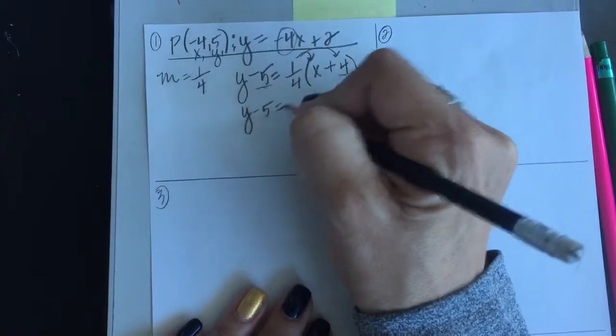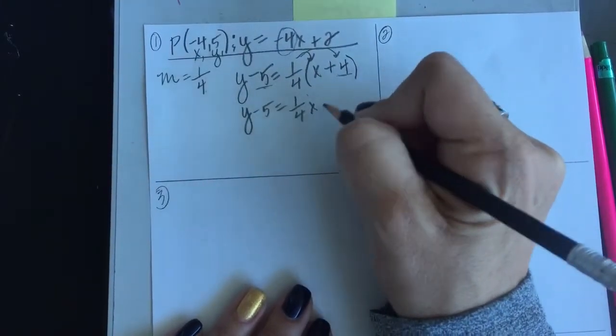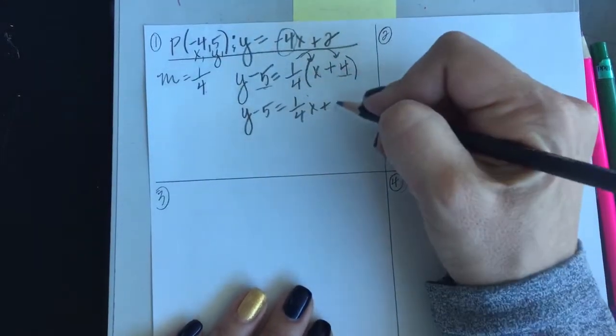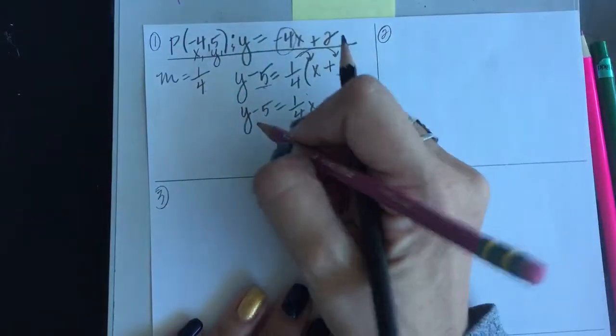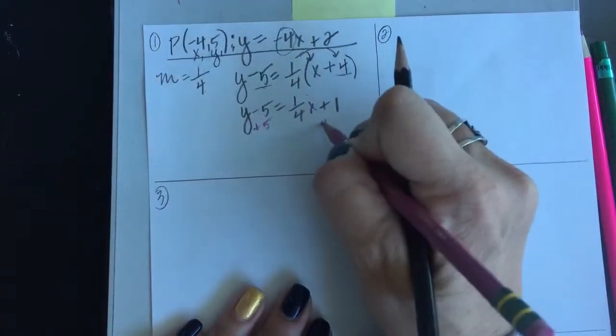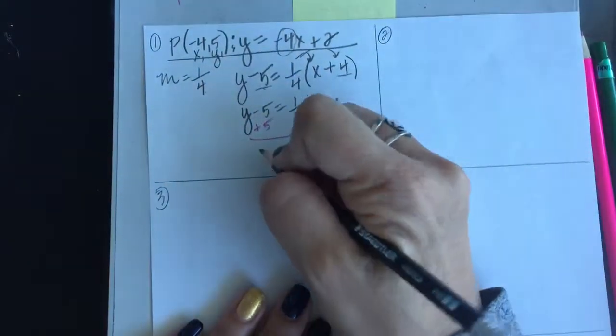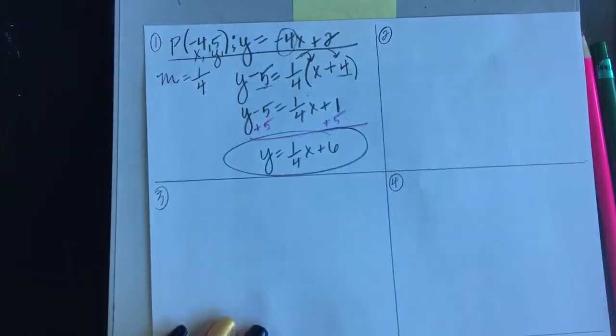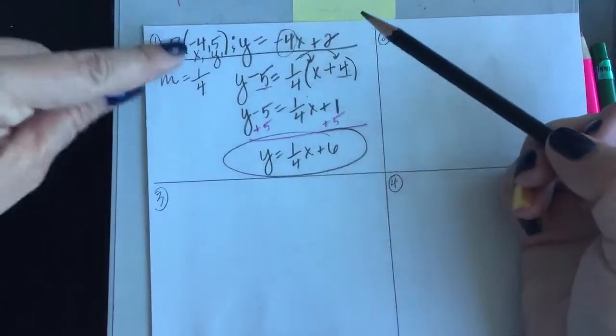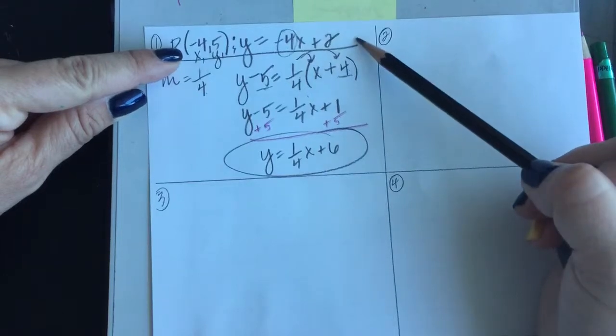Y minus 5 equals 1/4 of x plus 1/4 of 4 is just going to leave me with 1. And then I'll add 5 to both sides of the equation to get y equals 1/4 x plus 6. That's the equation of the line that goes through this point and is perpendicular to this line.